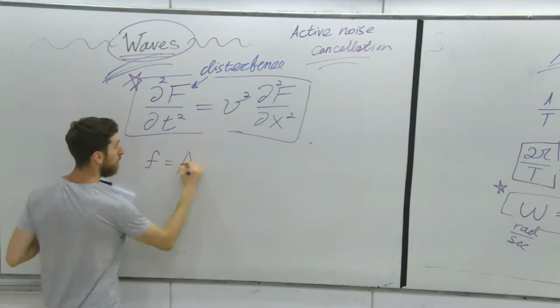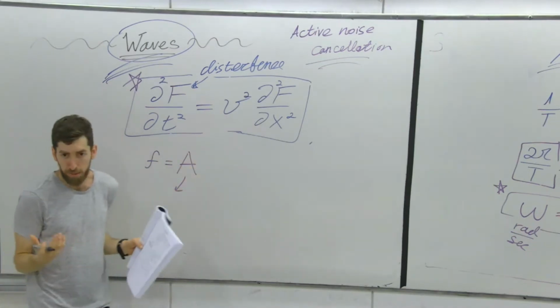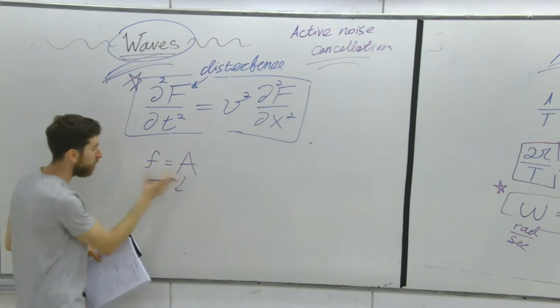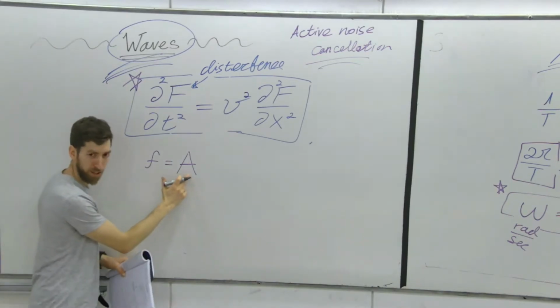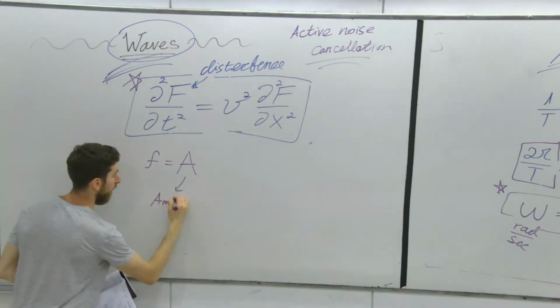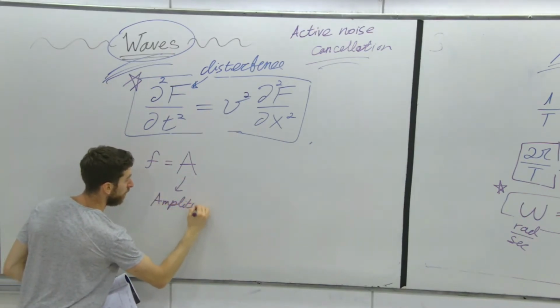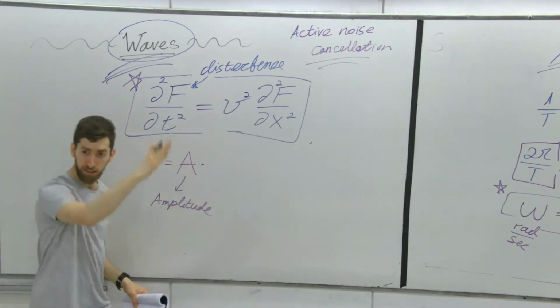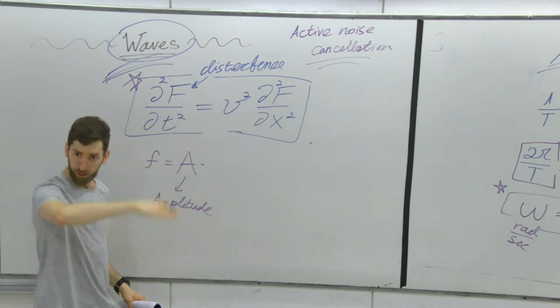You have the amplitude. This is the power, the force, how noisy it is. Ouch, dude, what is this engine? So this is called amplitude, and it's multiplied by an oscillatory thing.